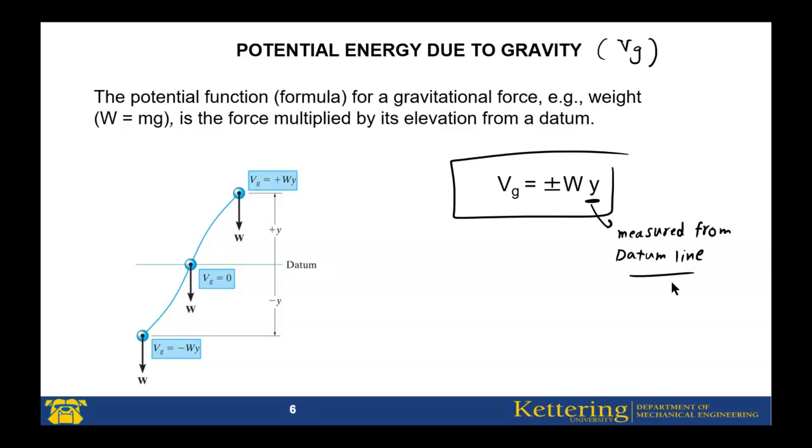It needs some energy to bring it up to the datum line. This is the reason below the datum line is negative and above the datum line is positive. Can I move to the next slide?